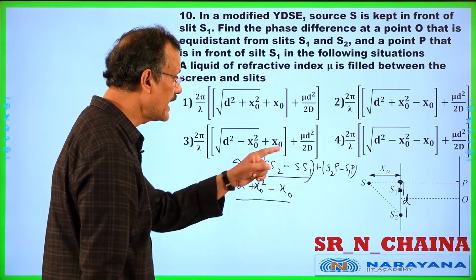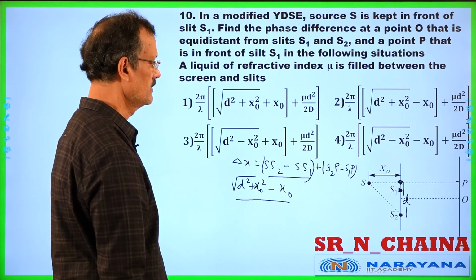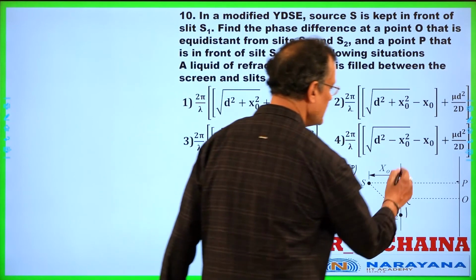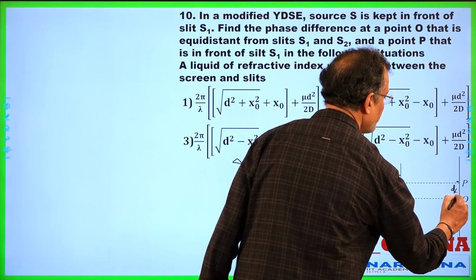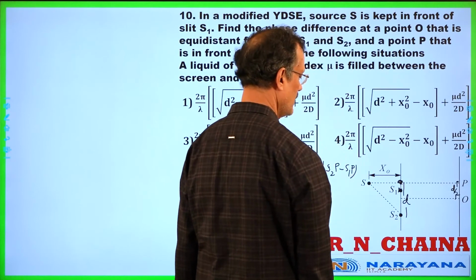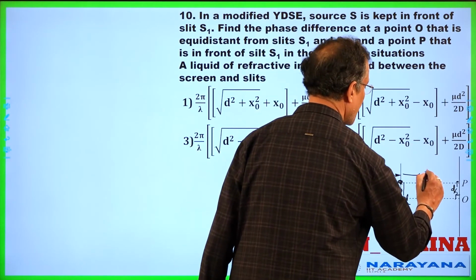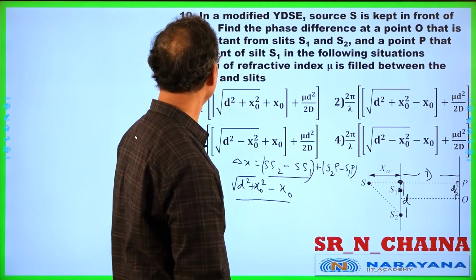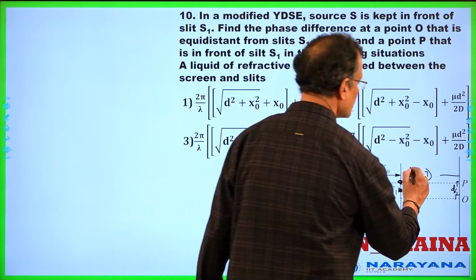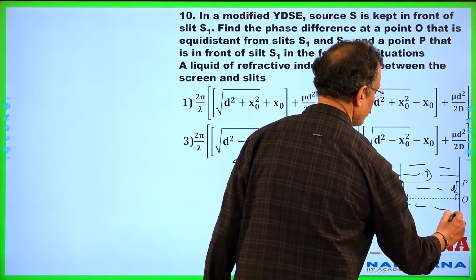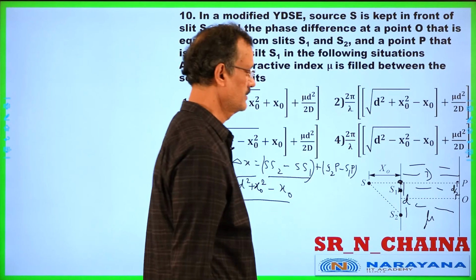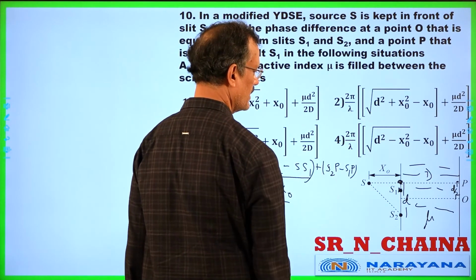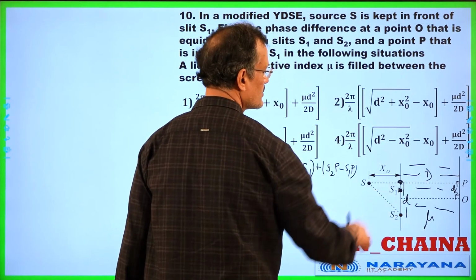Now you want S2P minus S1P. Right now they give this distance as d, so this distance is d by 2. Right? And this distance is capital D. You can easily get it, because here they have taken a liquid. This entire medium is filled with a liquid. This distance is d by 2. When you take S2P, it will become mu times S2P.